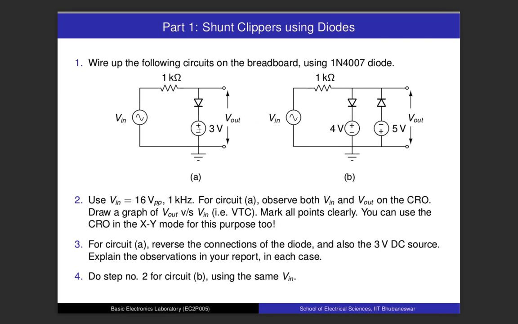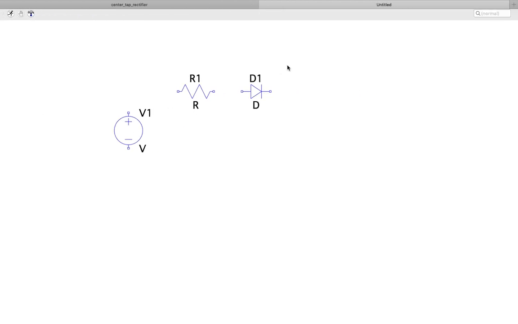Now we have this 3 volt. Sorry, the diode is connected in this direction, so you just need to rotate it again. Move.